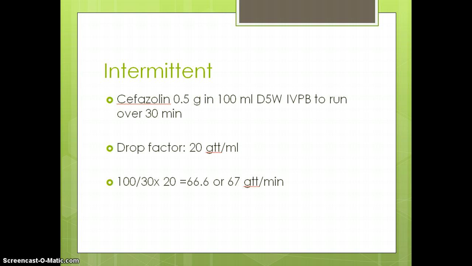So you're going to have 100 milliliters divided by 30 minutes times 20 drips per milliliter equals 66.6 or 67 drips per minute. This is assuming that you don't have a pump to put it on.